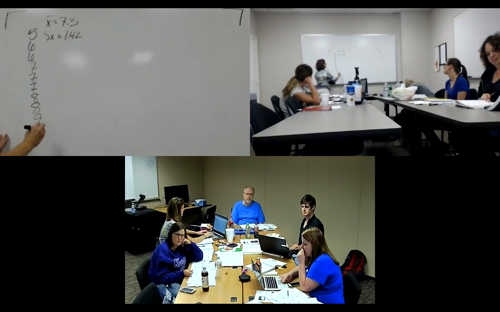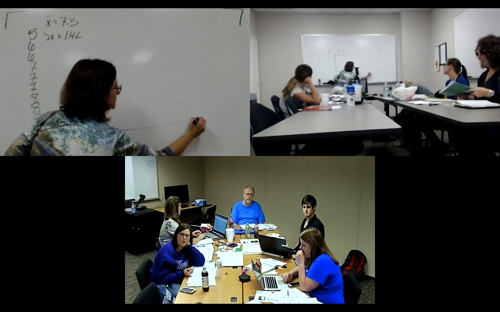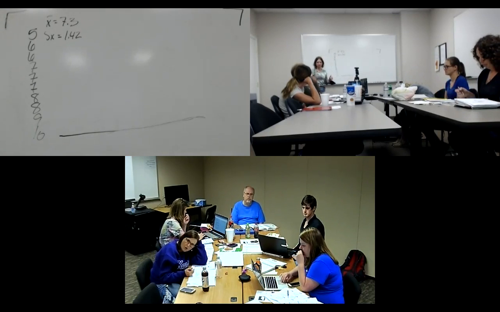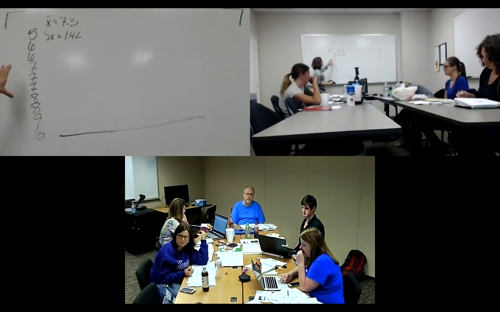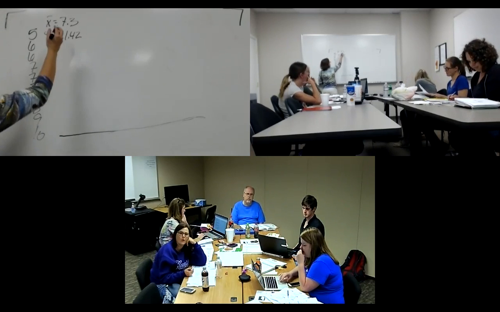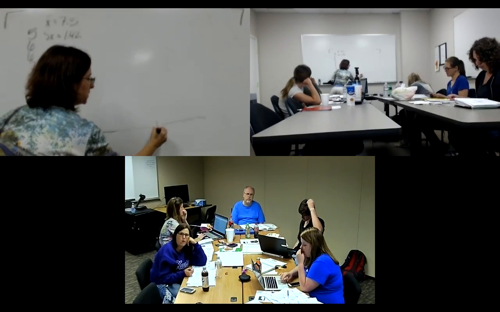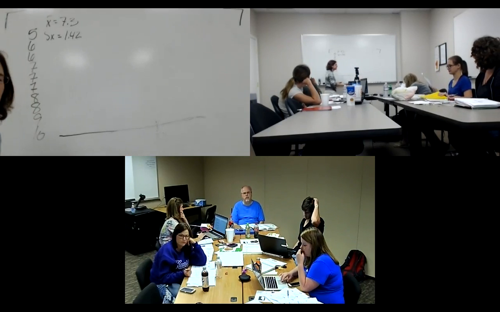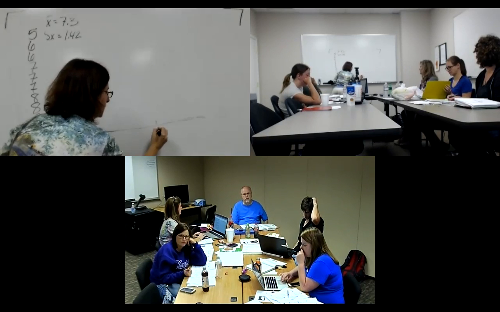Okay, so we figured that out for our sample. Now imagine if we did that several different times. Let's call this sample 1, and the mean is 7.3. So let's put that about right there. And that's not showing up. It'll show up here in a minute, I think, when it dries.